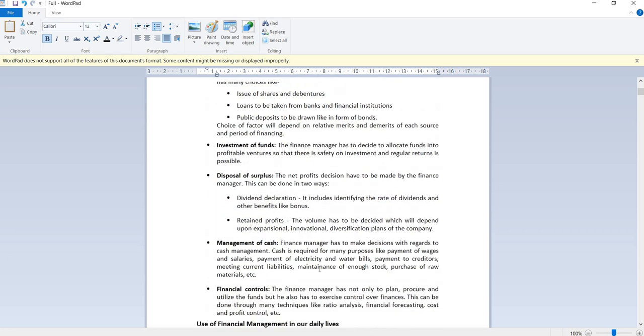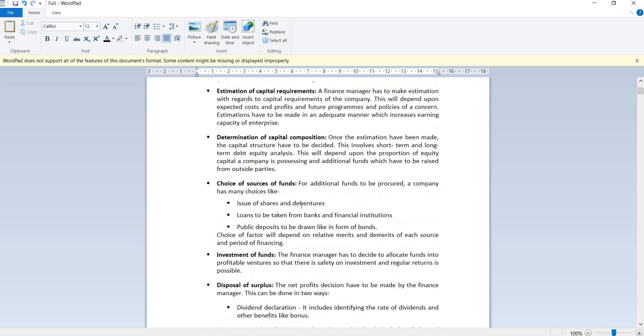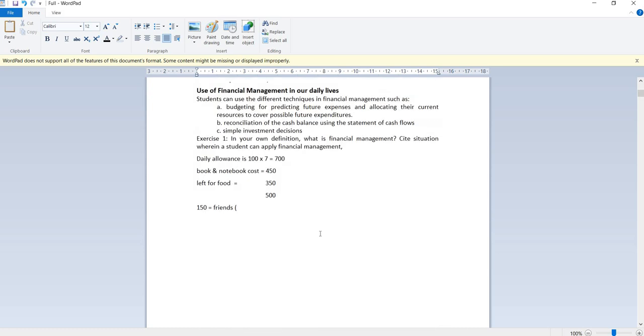source of funds. So, yung source of funds mo sa 150 is possible is friends. Pag friends, that is considered a long term or short term. So, it is a short term liability, bad debts.